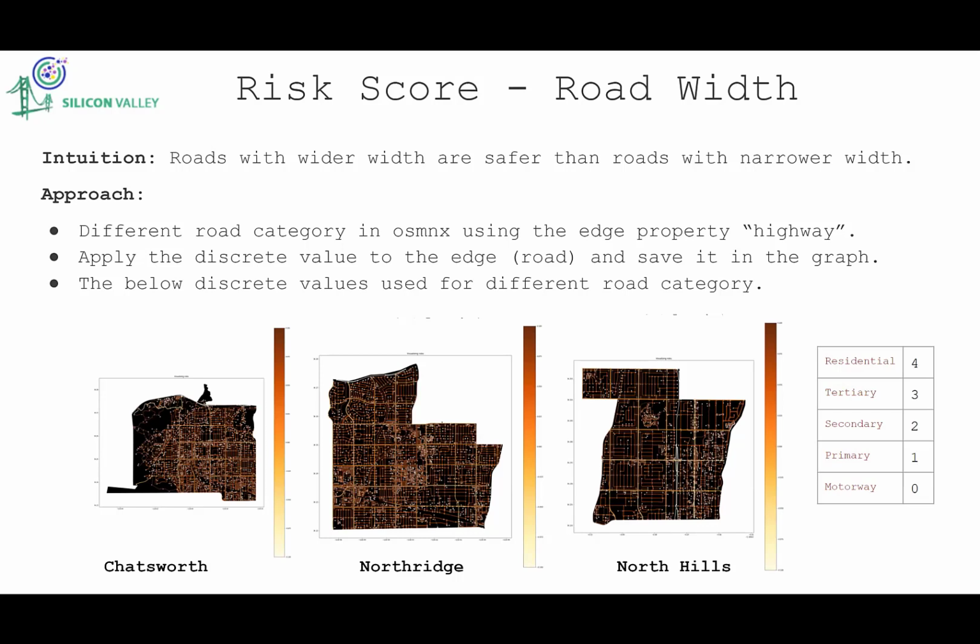We converted those categories into discrete numerical values, as you can see from the table on the right-hand side. Those values were stored again on the edges. You can also see the heat map at the bottom of the page with different edges' numerical values.